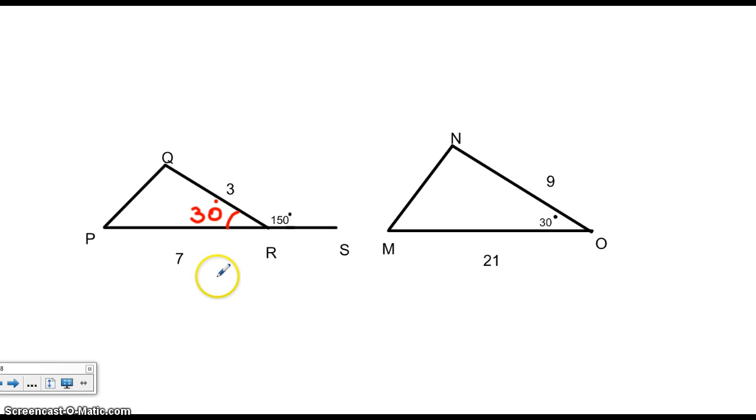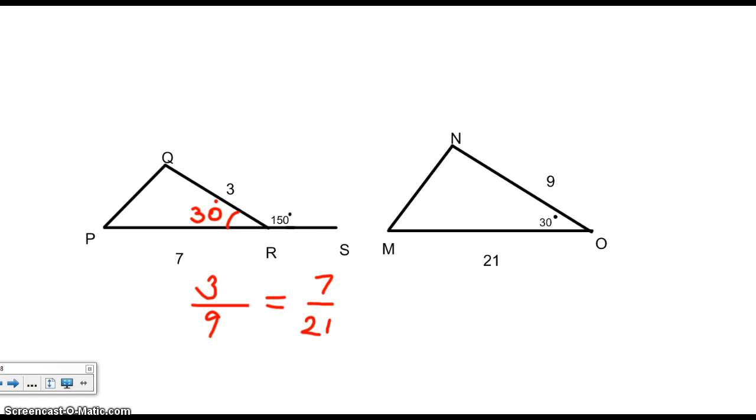We're going to say, is the ratio 3 to 9 equal to 7 to 21? And we're going to test that.